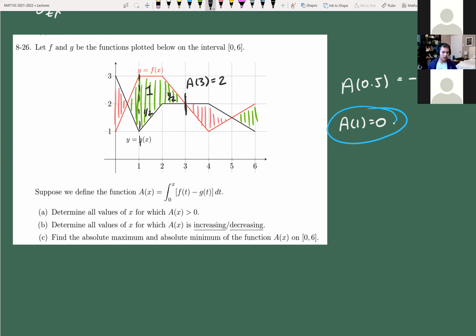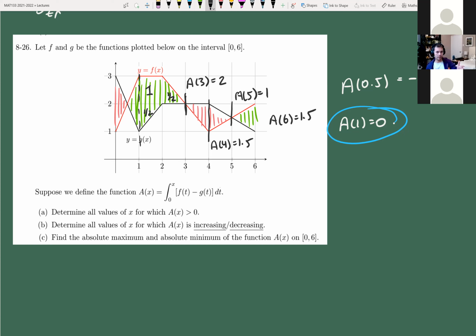And so in total, I've got 2 squares. And then A of 4, I get rid of half a square, so I would get 1.5, right? And then here I get rid of another half a square, so A of 5 is just equal to 1. And then I add another half square, so A of 6 is equal to 1.5.